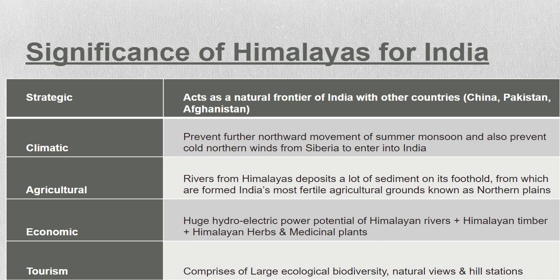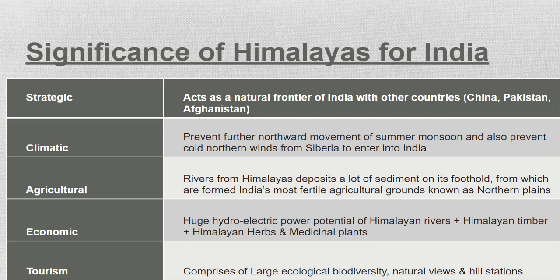In agricultural terms, rivers from the Himalayas deposit a lot of sediment at their foothills, from which India's most fertile agricultural grounds, known as the northern plains, are formed.